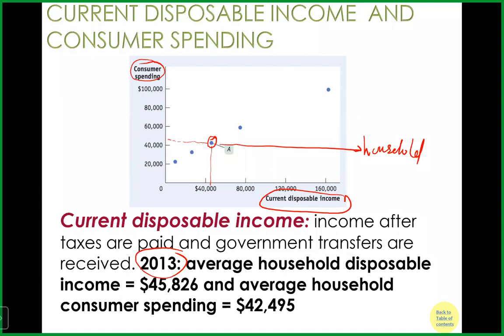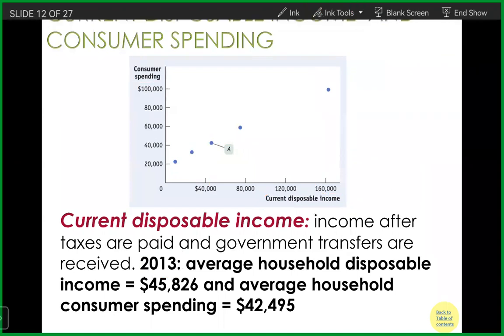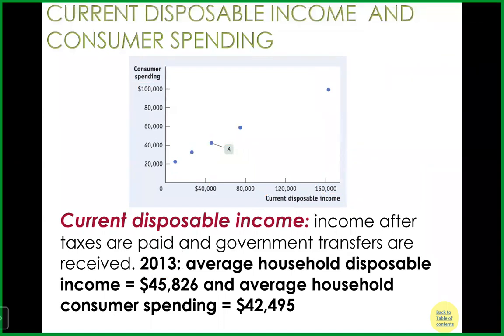And similarly, you can look at some high income households. If a household's disposable income is 160,000, then their spending is close to 100,000, right? So this is where this graph comes from. Now, by looking at this graph, what patterns do you spot?